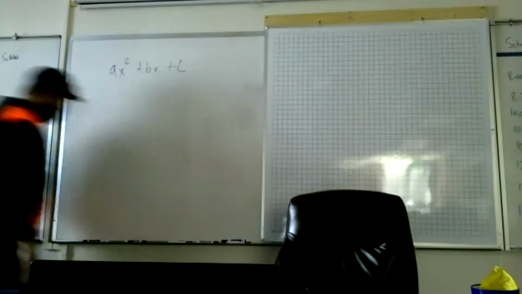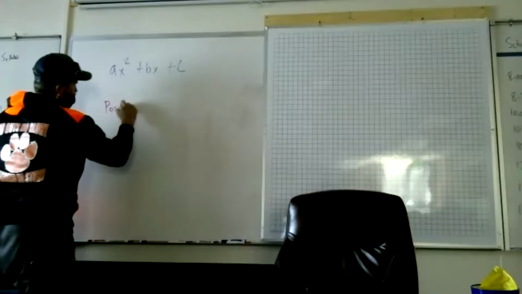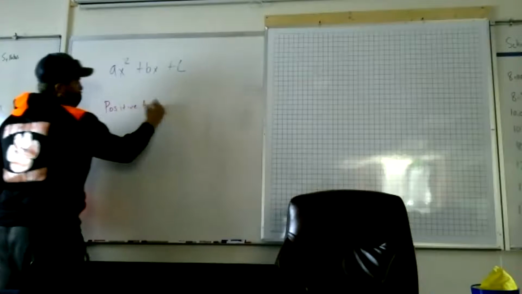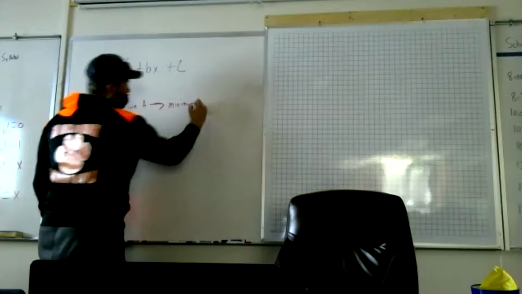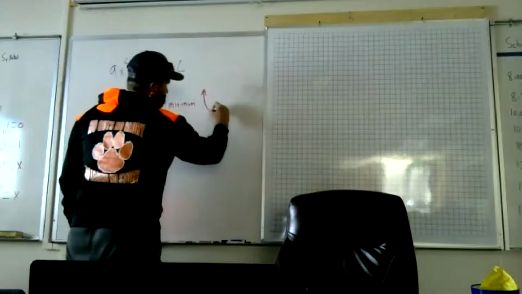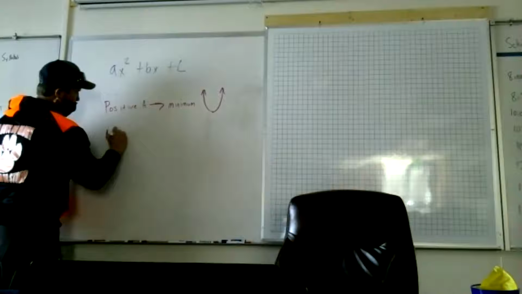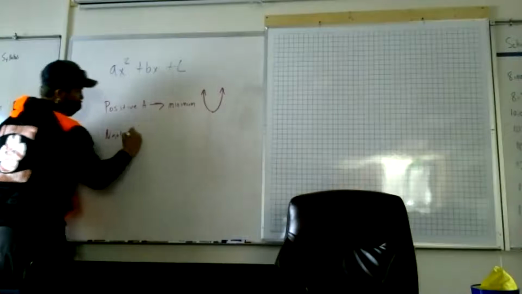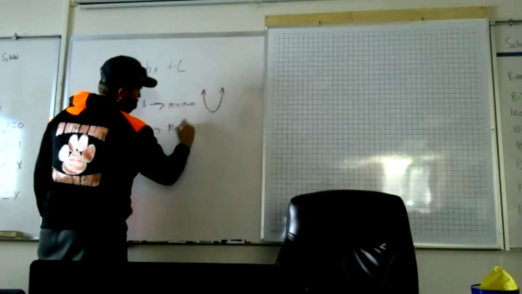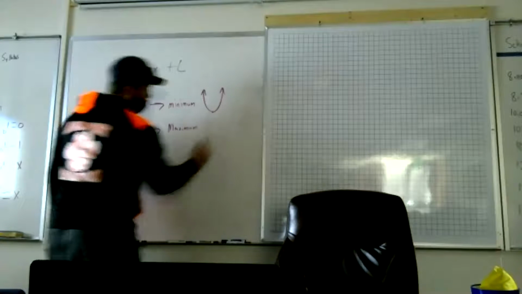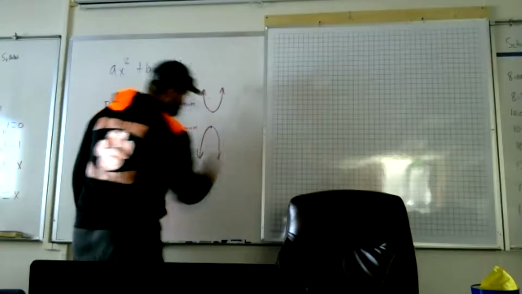Okay? If you have a positive a value, that means that you have a minimum. Okay? And our graph is going to open up like that. If you have a negative a, that means that you're going to have a maximum, which makes your parabola open up like that.